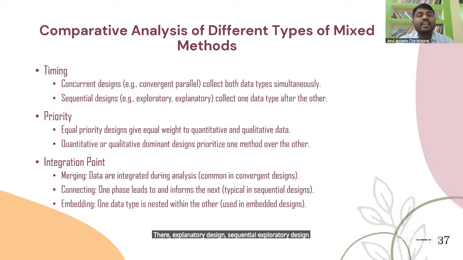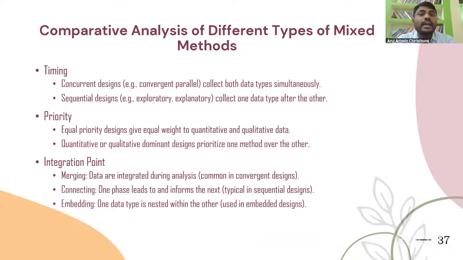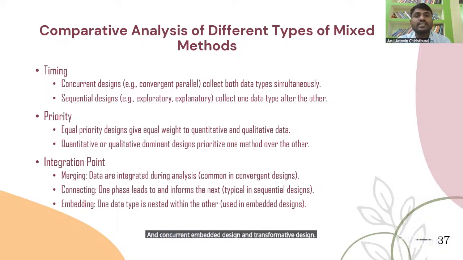The next one is concurrent convergent parallel design, and concurrent embedded design, and transformative design. The last one is multi-phase design. So now, we are going to see the comparative analysis of all these 6 methods.